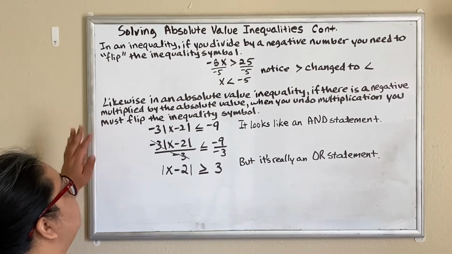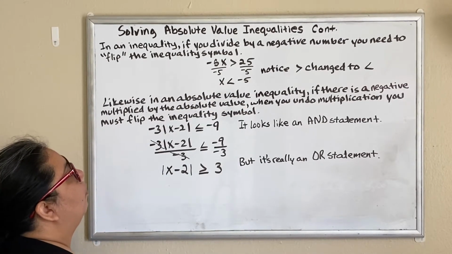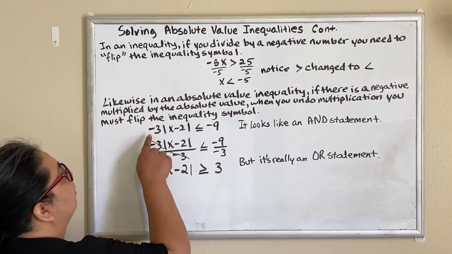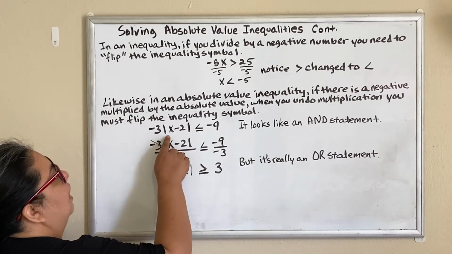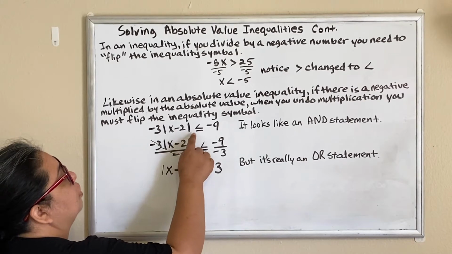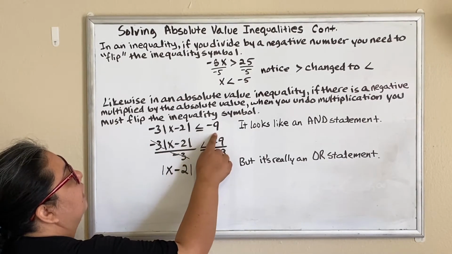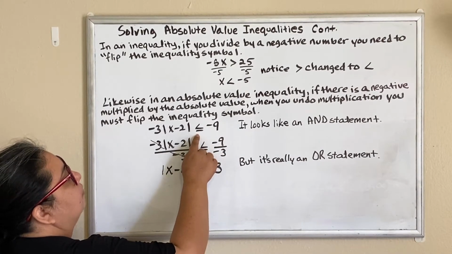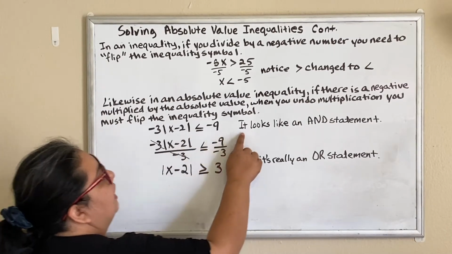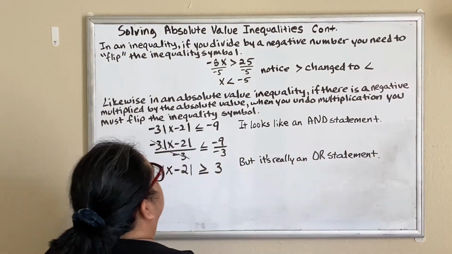The same thing happens in an absolute value inequality. So here I have a little example. Negative 3 times the absolute value of x minus 2 is less than or equal to negative 9. The way it is right now, with less than or equal to, it looks like an "and" statement.